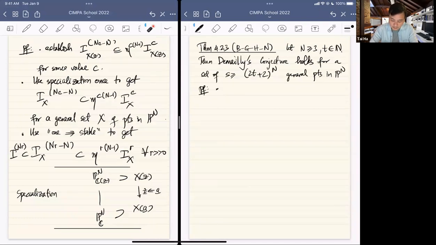So for us, because of Demailly's conjecture, you need a slightly stronger containment.